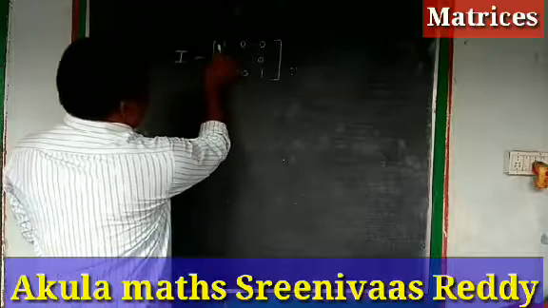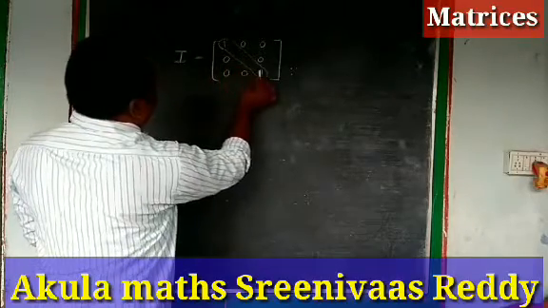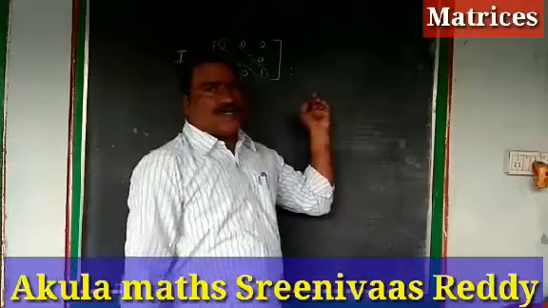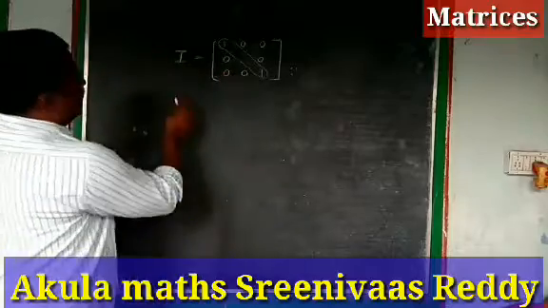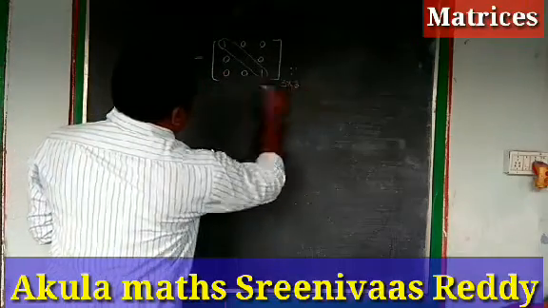Here, clearly we observe the principal diagonal elements are 1, 1, 1. So this is an order 3 by 3 unit matrix, and all the remaining elements are 0. We may call this one I3. So 3 by 3 means 3 rows and 3 columns.